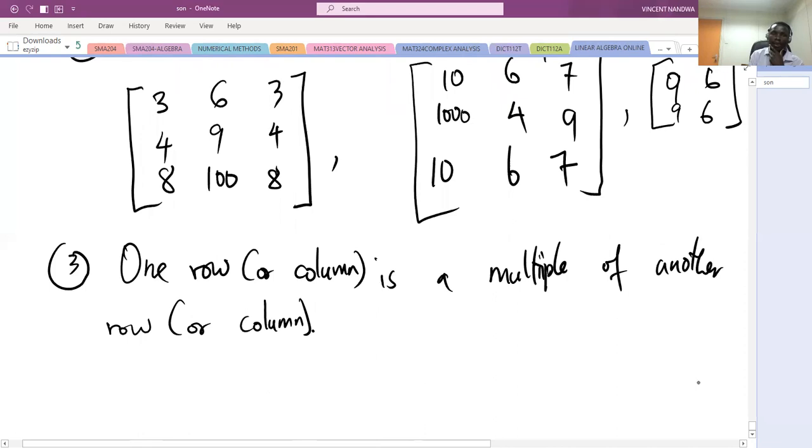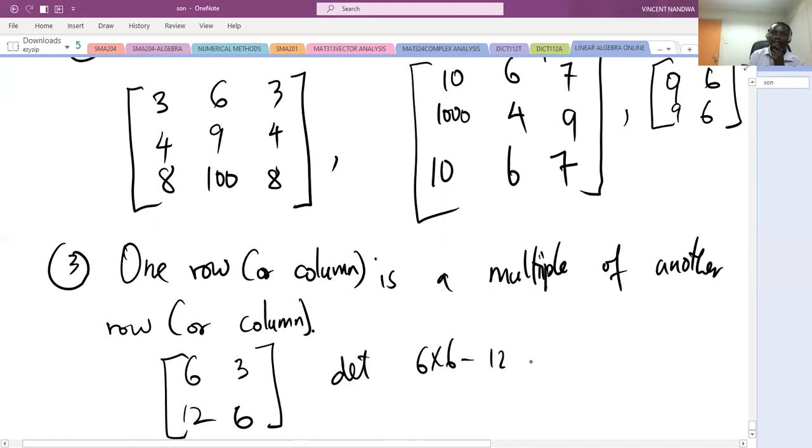So e.g., if you have 6, 3, 12, and then I have this one to be 6, then the determinant of this matrix, 6 by 6 minus 12 by 3, is 0 because this is a scalar multiple. I will multiply this column by 2 to get the same first column.